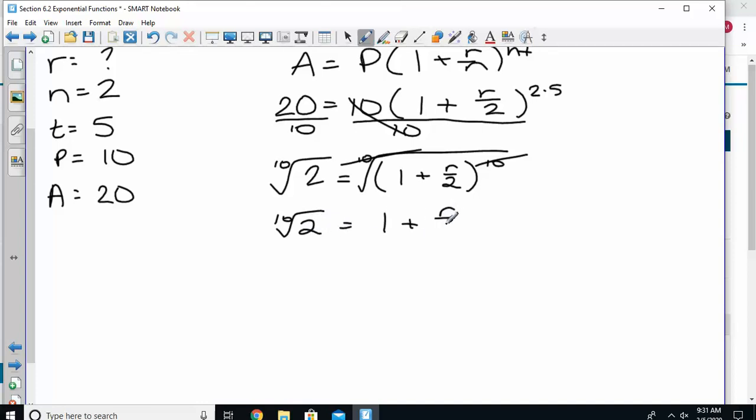You don't want to plug that in your calculator yet, because if you round now, your interest rate will be off at the end. So what would be the next step? Subtract 1, and then multiply by 2. So I'm going to type all of this in now.